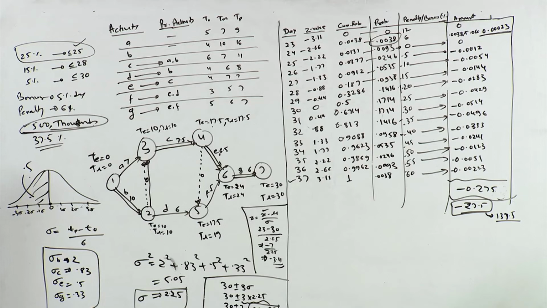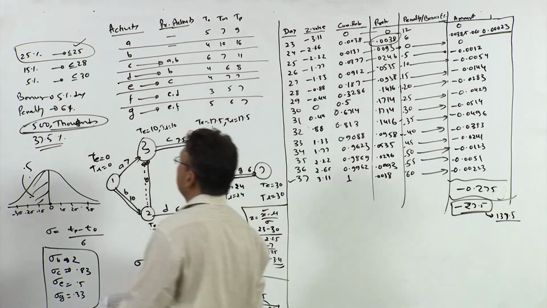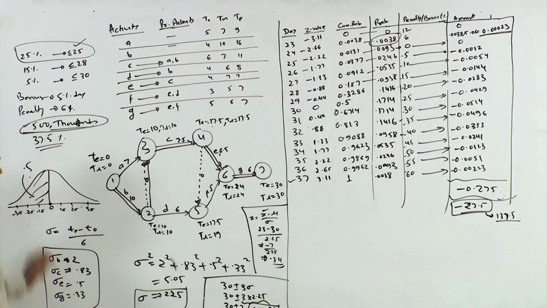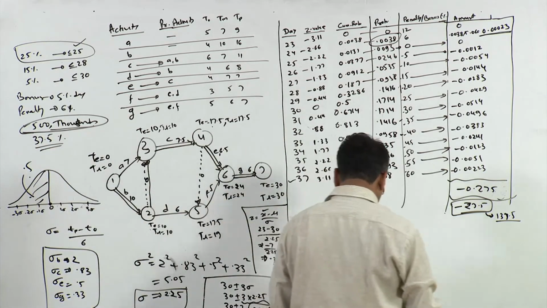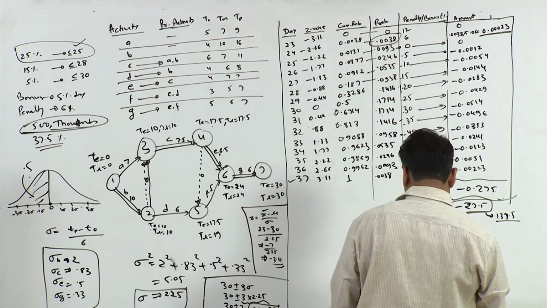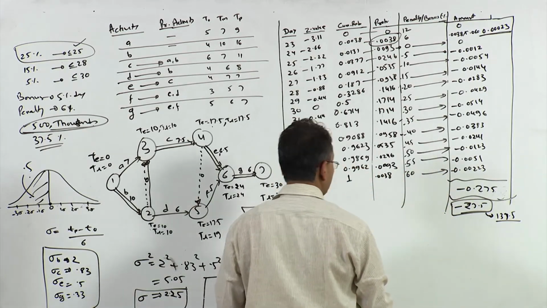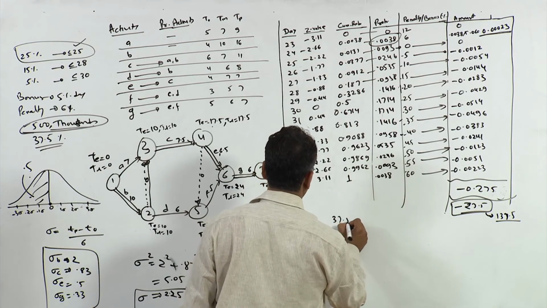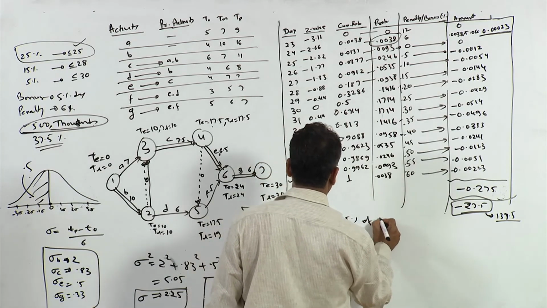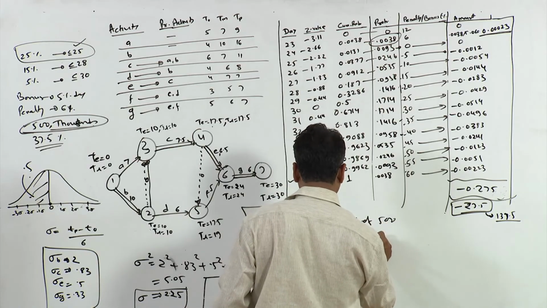And so this is the penalty. And what is our profit margin? It is 37.5% of 500,000. So let us calculate. 37.5% of 500 would be 187.5.